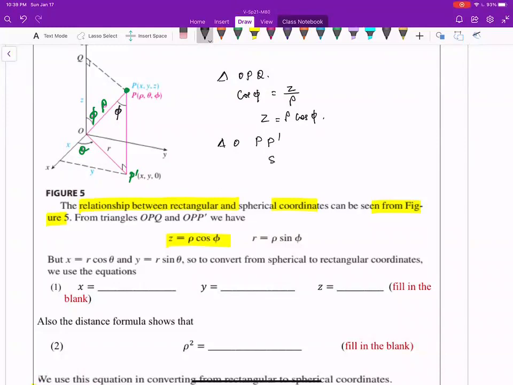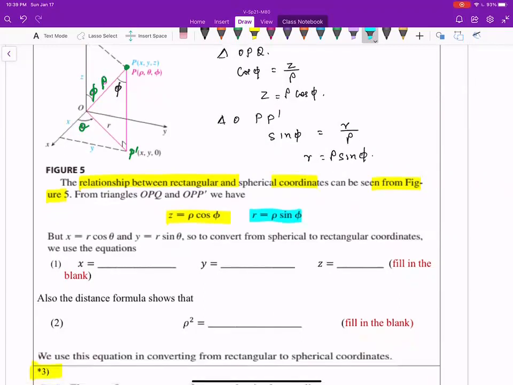So when you take sine of phi from that triangle, it is opposite over hypotenuse. The opposite is r, the hypotenuse is rho. So we can say r equal to rho sine phi.